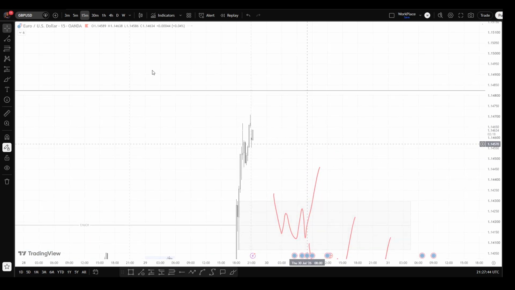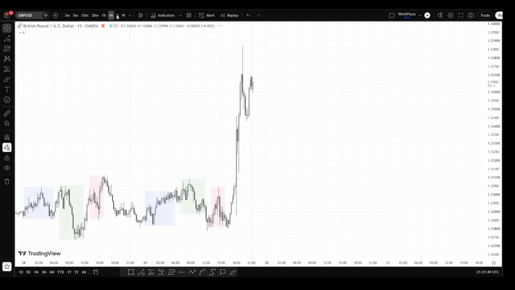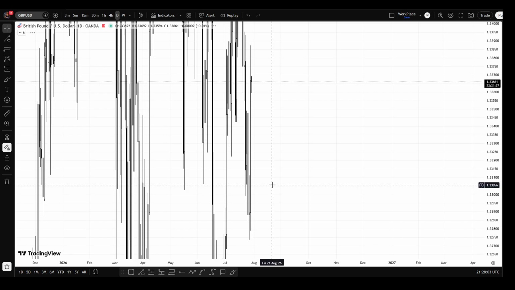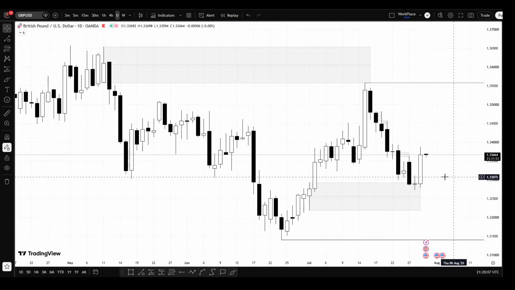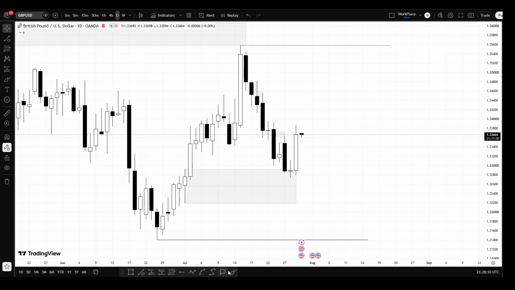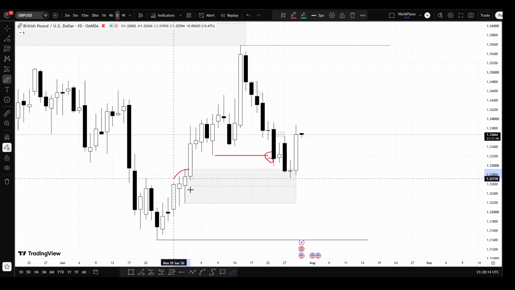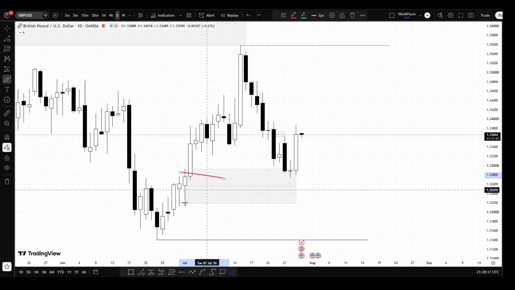So on the GBP USD, you can see that price swept this low, we closed below, and then we mitigated this other block here, which is a demand zone on the daily time frame.